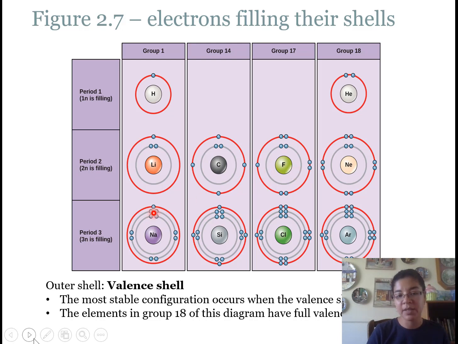And likewise for sodium. Sodium will be easier to lose 1 electron than to gain 7 electrons. Chlorine will be easier to gain an electron than to lose 7 electrons. So here we could see the pattern of potential chemical bonds forming. And so this is fundamental for you to understand in order for you to move on and understand chemical bonds.